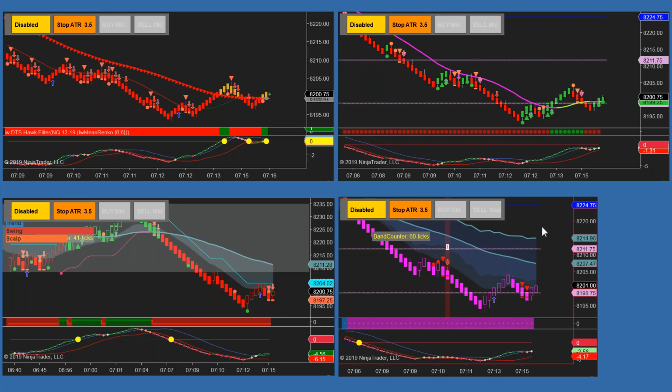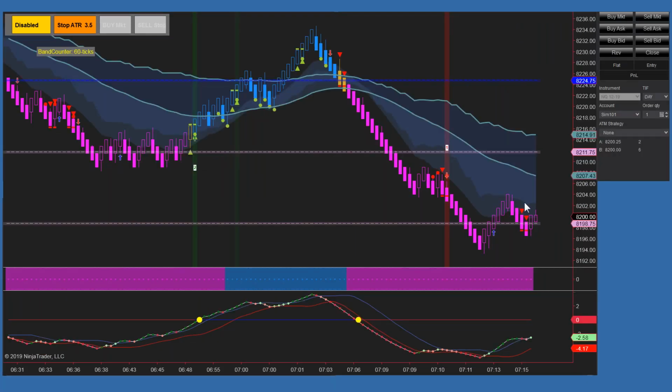All right, we're getting a little bit of a test of the extreme now, and a possible number 2 signal may develop here. The trading band, very, very broad. We're up to 60 ticks.